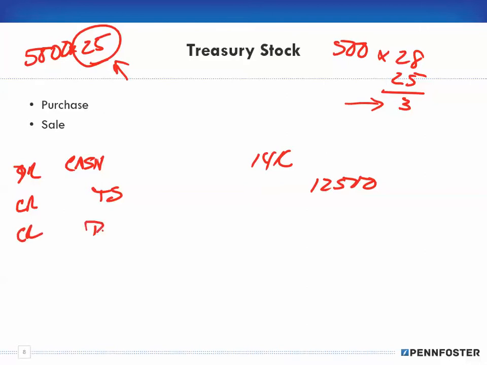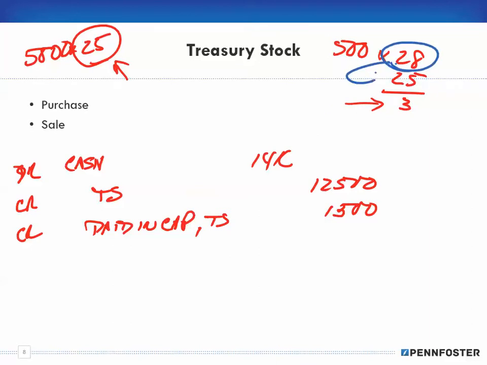And of course now we're going to credit a paid in capital, treasury stock, and the difference between those two is $1,500. So that is the journal entry we make when we're selling the treasury stock back into the marketplace at a price that's higher than what we actually paid for it, the difference being the $3. And again, just like you saw in the last video, you can figure out this paid in capital in two different ways.